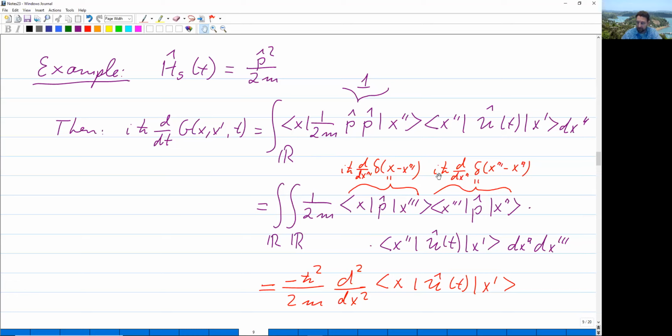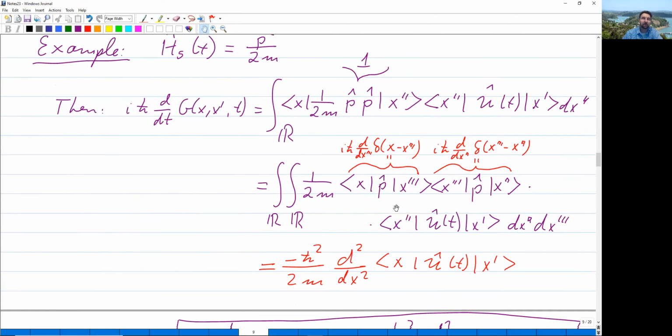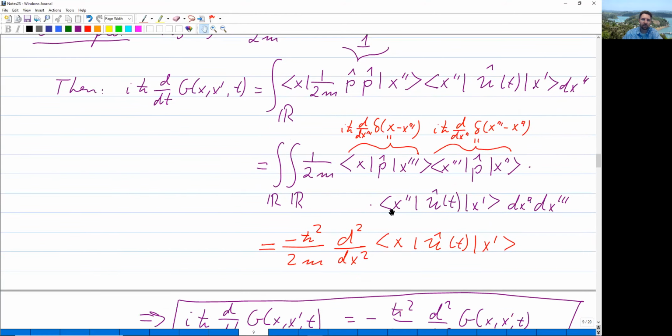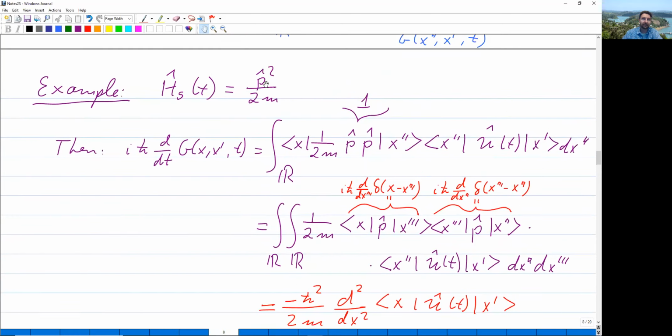So the shorthand notation, if you remember, was introduced exactly to avoid having to do this all the time, so that we can jump directly to the result. Namely that when we have a Hamiltonian, which is a polynomial in the x and the p, acting on something in the position wave function, then all the p hat act by minus i h bar d by dx, and all the x hat act by multiplying by x.